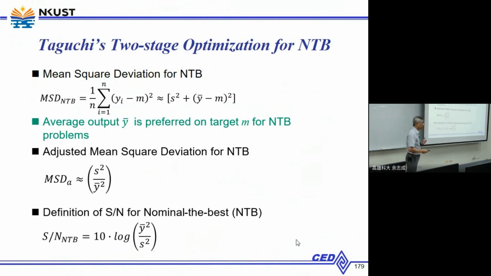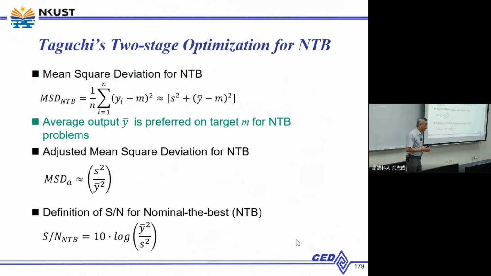Therefore, the SN ratio for nominal the best will remain the same because, in quotes, it is average divided by standard deviation.